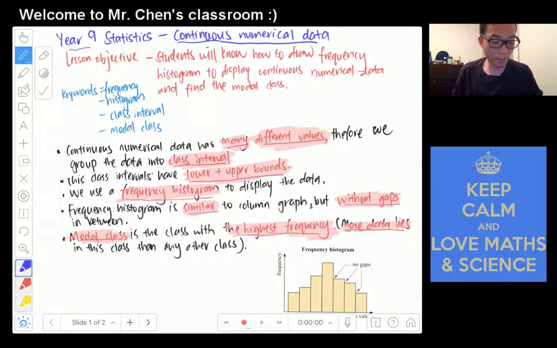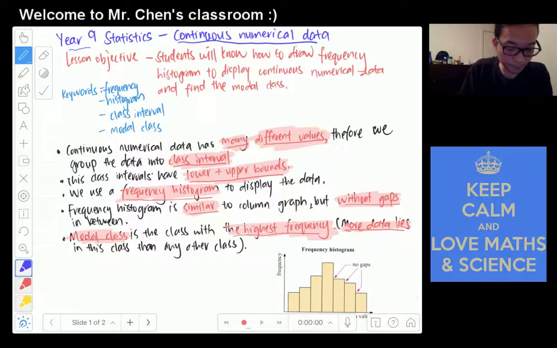As you can remember, we have continuous numerical data, categorical data, and also discrete numerical data. These are the three different types of data you get.